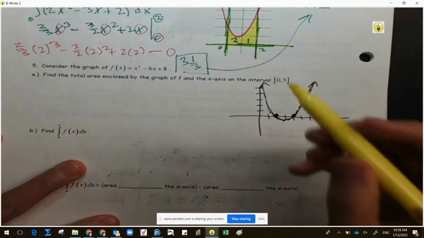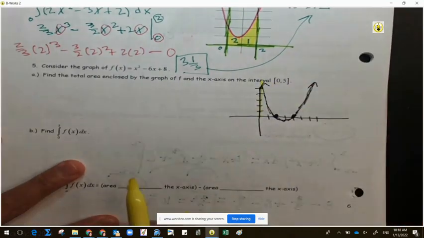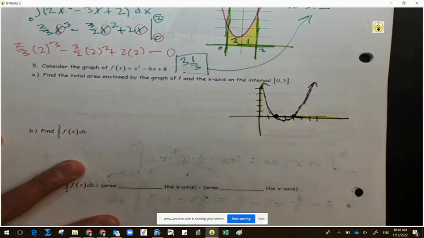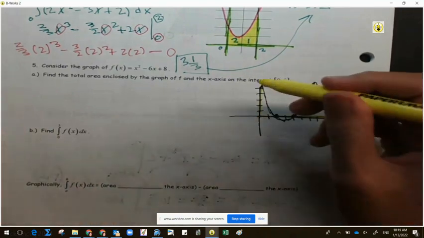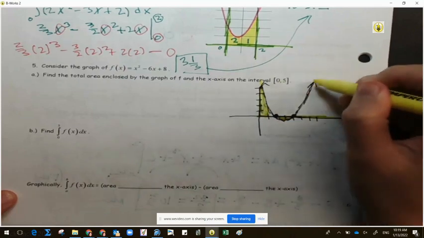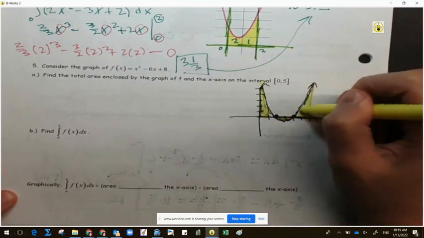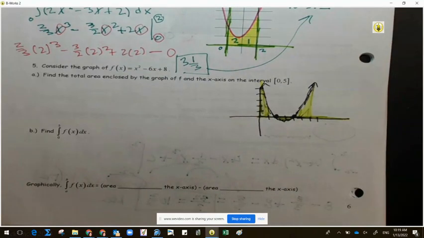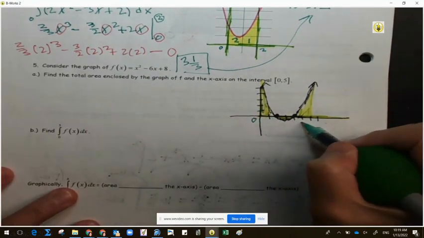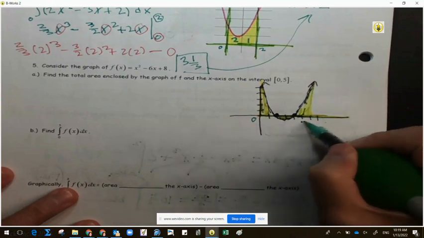It's wanting us to graph this from the x-axis. Oh, x-axis right here. Total area enclosed by it. So it wants all of that on the bottom, and some number over here. And it wanted from 0 to 5, so we should write that out. 0, that's 2, 4, and then we're going to stop at 5. So I should have stopped right here.